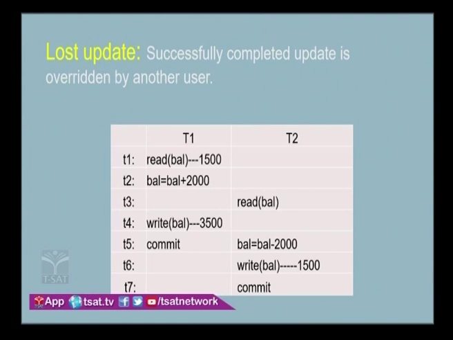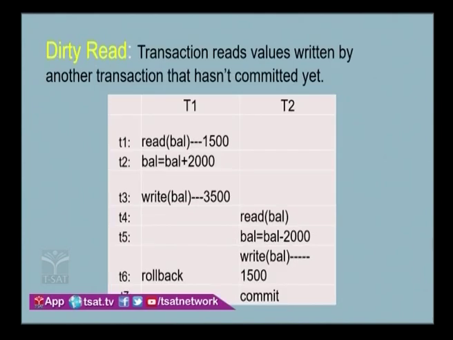Can it do that? Yes, so the update completes successfully. The update done by T1, which made it 3500, is not seen by T2. That is the lost update problem.